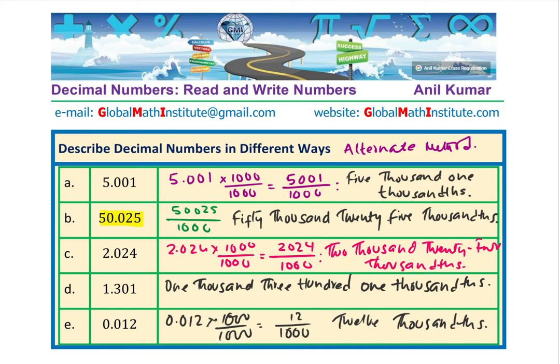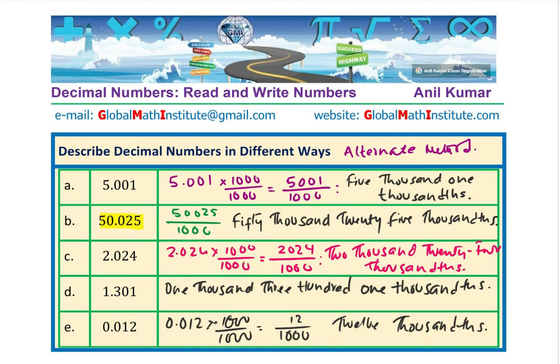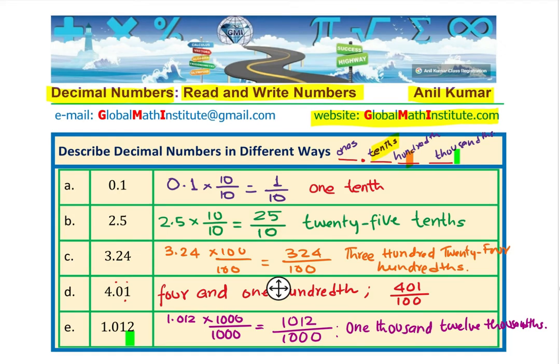Right? So in this exercise, you have seen how we can read and write these decimal numbers in very different ways, right? And the concept is, for example, 3.24. When I multiply by 100, divide by 100, it is 324 hundredths. You see that? That is how you read it.